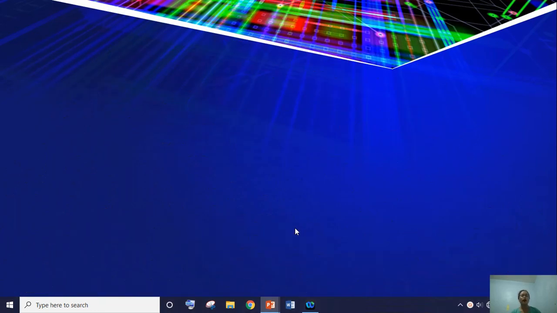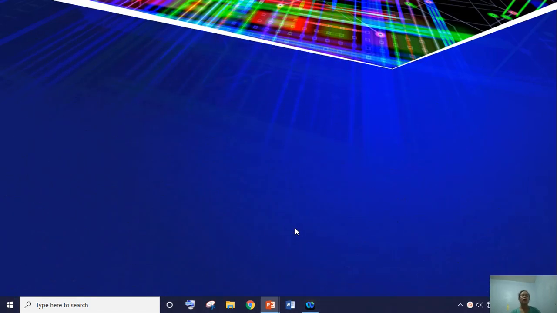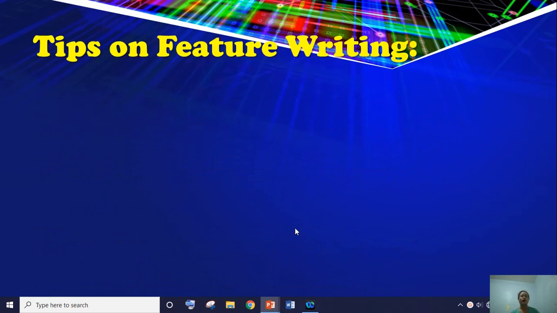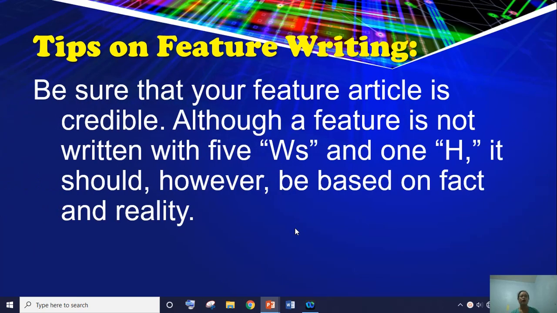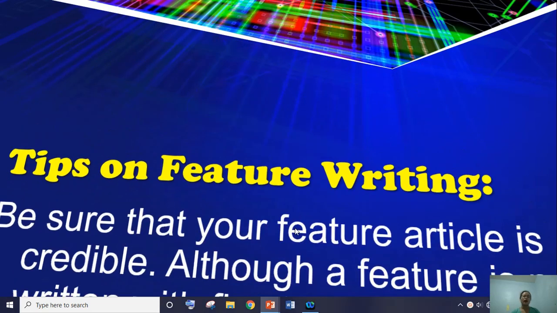So the feature article is different from the news, wherein the news requires the 5 W's and the 1 H. So the 5 W's, these are the who, when, where, what, then the how.